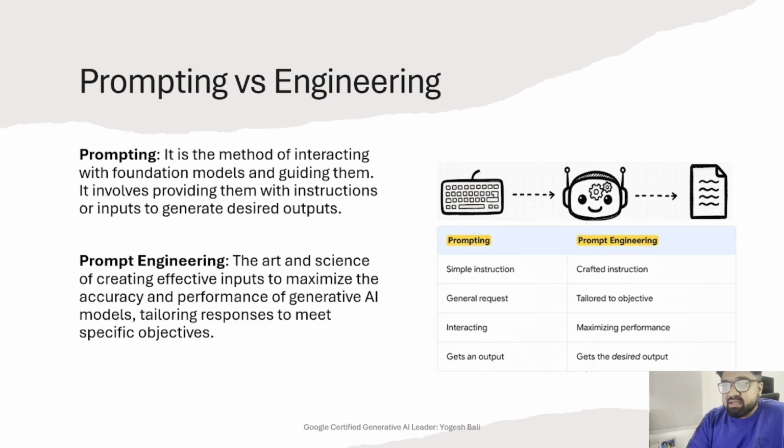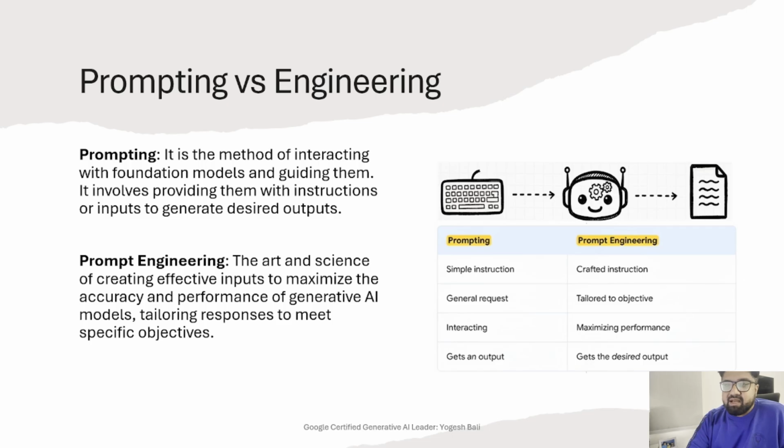So if we say prompting is a general request, then prompt engineering is a tailored, objective-focused request. Prompting's goal is just interaction, whereas prompt engineering's goal is to maximize the performance and accuracy of the model.